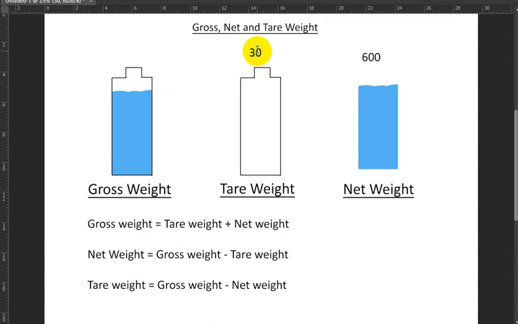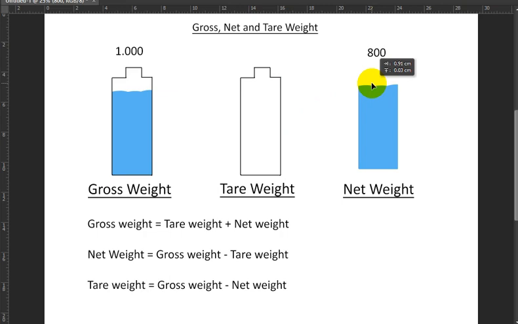Lastly, what if I tell you that this entire bottle with the water weighs 1,000 grams, and the water weighs 800 grams, and I want you to tell me how much the empty bottle will weigh?